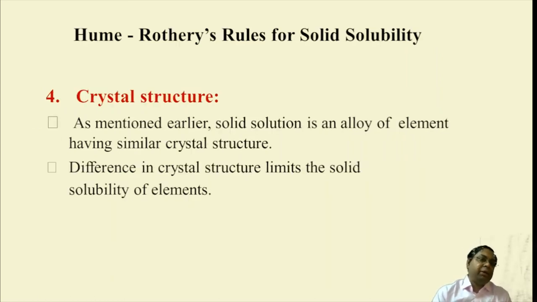And the fourth part of Hume-Rothery's rule is crystal structure. As mentioned earlier, solid solution is an alloy of elements having similar crystal structure. So the difference in crystal structure limits the solid solubility of the element.